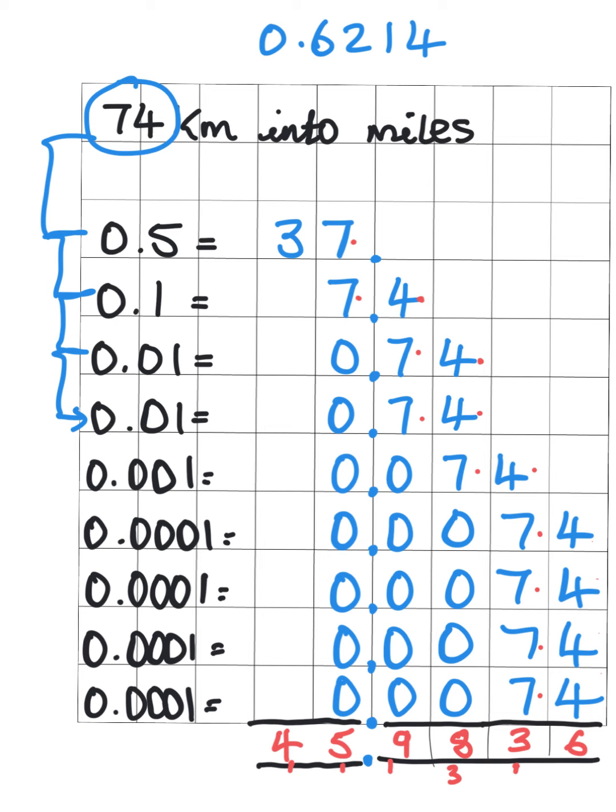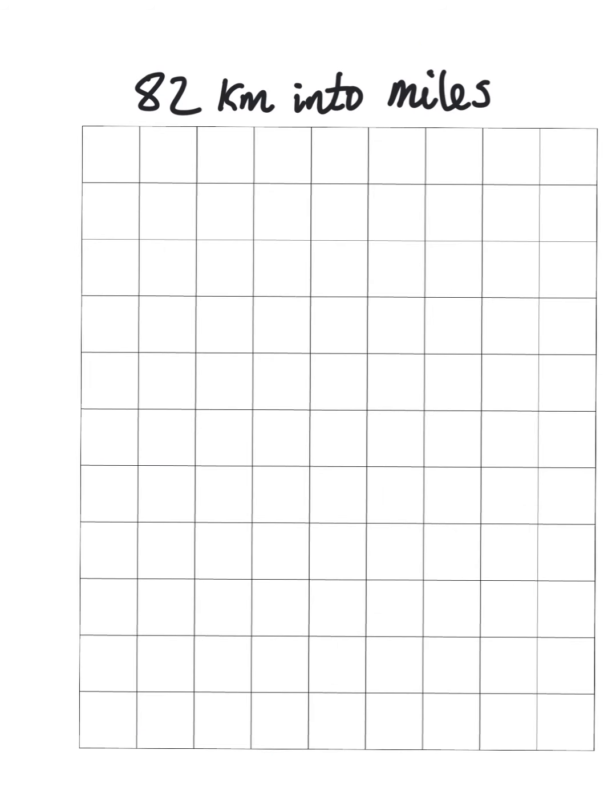So a lot more accurate. A lot more working out to do. Right, here's the next one, the last one. So 82 kilometers into miles.